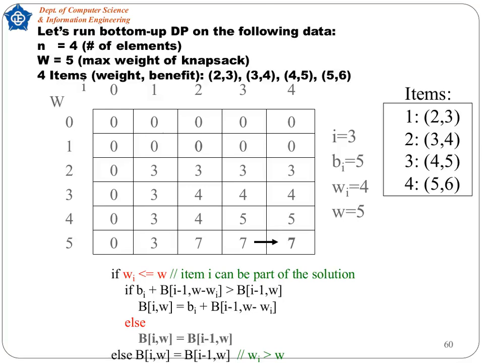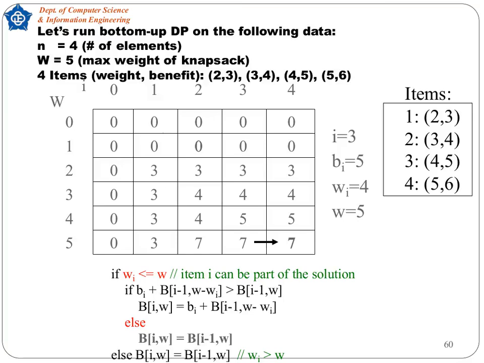For each cell B[i][w], we ask, does item i fit? Is w_i less than or equal to w? If so, we compare the value of including it, b_i plus B[i-1][w minus w_i], to the value of excluding it, B[i-1][w]. Whichever is larger becomes B[i][w]. Otherwise, we simply carry over B[i-1][w].